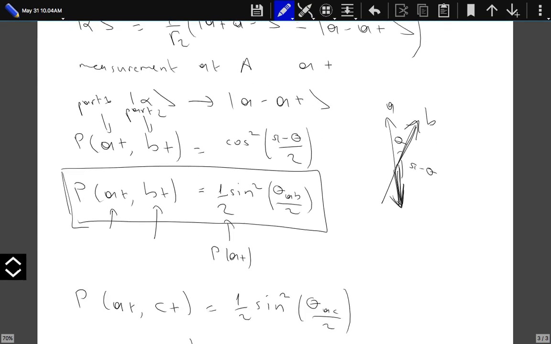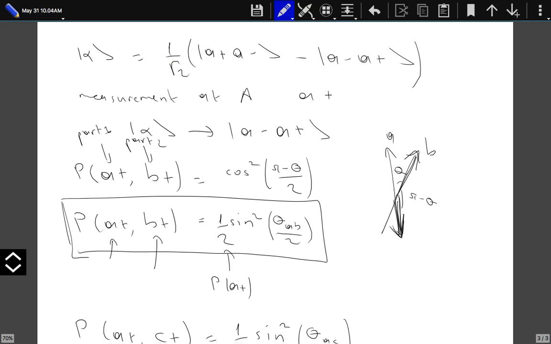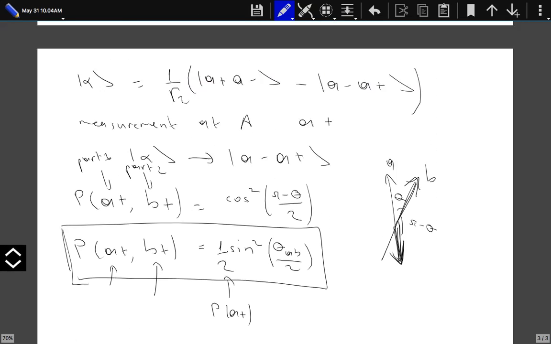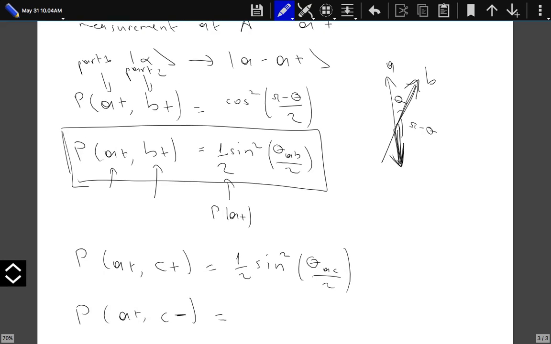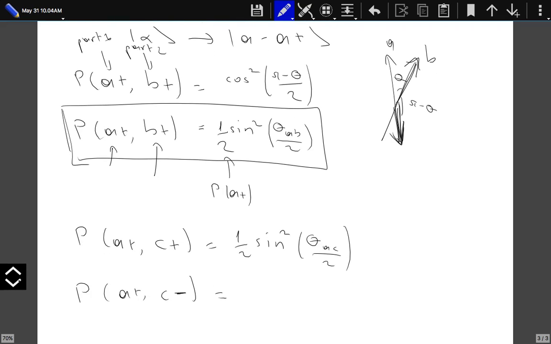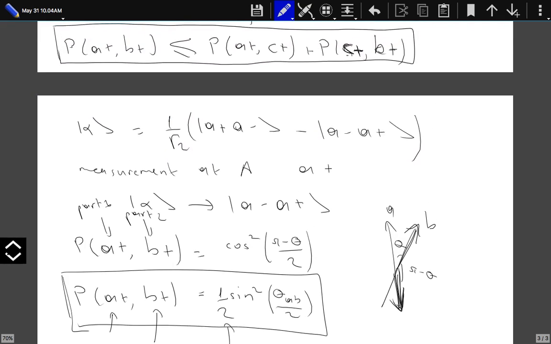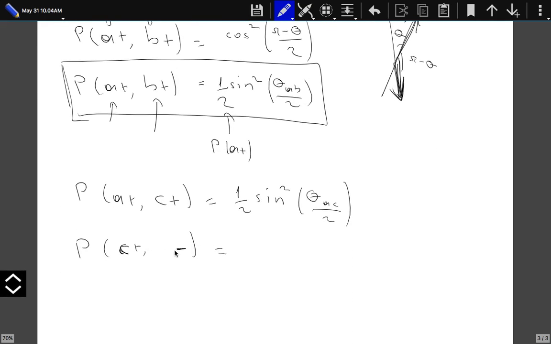Okay, so we already know PAB, PAC plus is, this is the correct expression, PC plus and B plus will be just similarly 1 over 2 sine squared theta BC over 2.